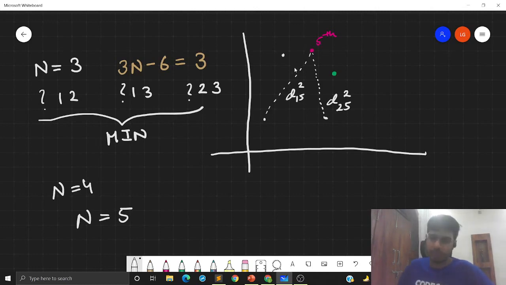Do you see that if the coordinates of these points were available, let's say x1, y1 and x2, y2, then based on these two distances, I should have been able to severely restrict the possibilities of the coordinates of the fifth point? So let's see this fact in more detail.